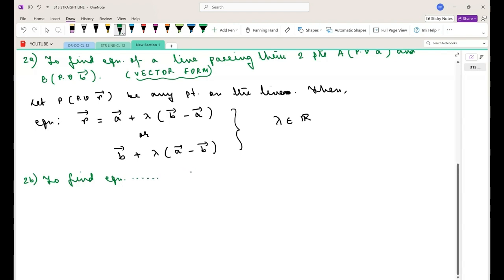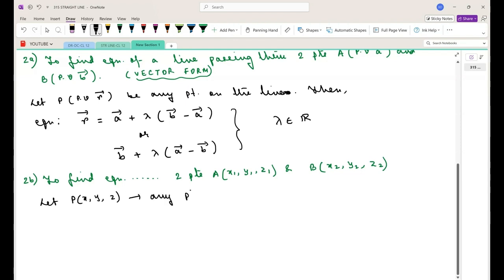To find the equation of a line passing through 2 points, say A is (x1, y1, z1), and B is (x2, y2, z2). Now let P(x, y, z) be any point on the line.